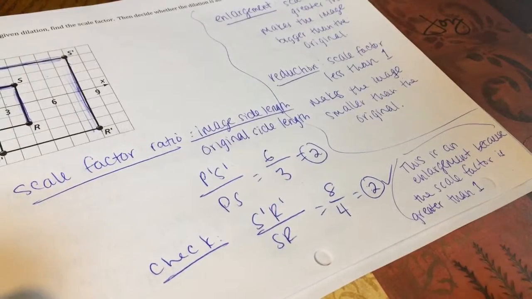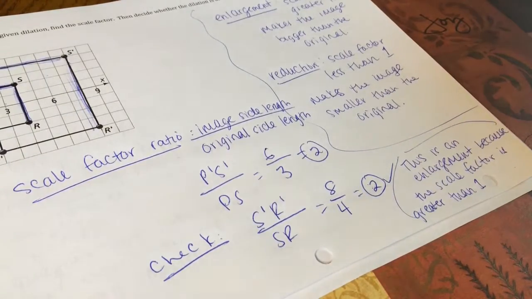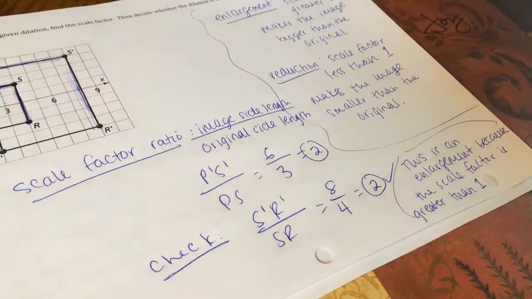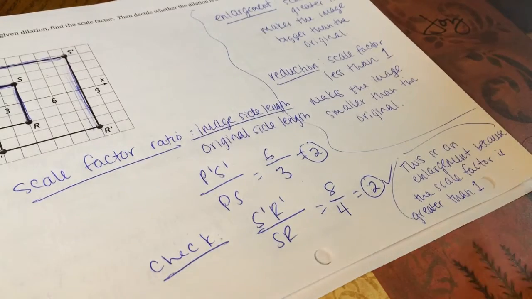It's 2, which means, again, the image figure is 2 times bigger than the original figure. It's going to get larger.